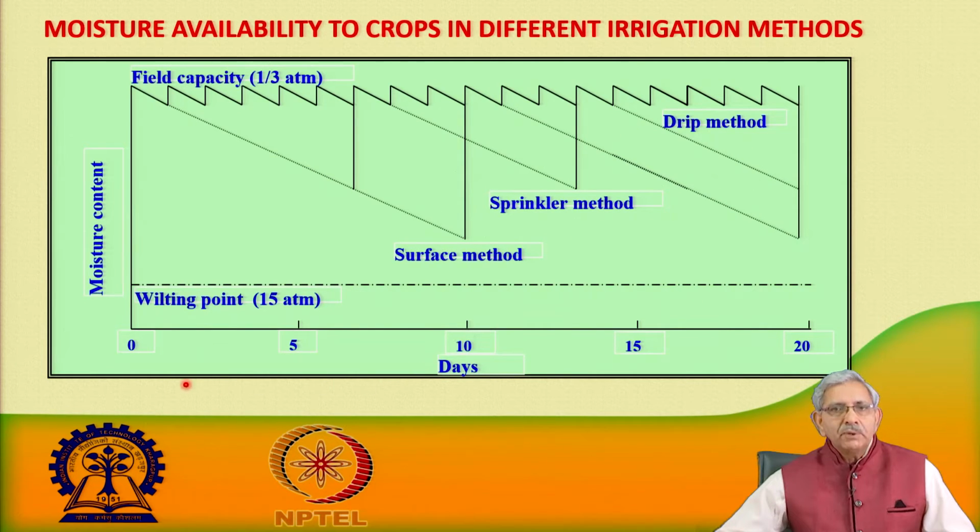When we compare, the surface irrigation system normally has a large irrigation interval. When the irrigation water is supplied, the field is flooded with water.